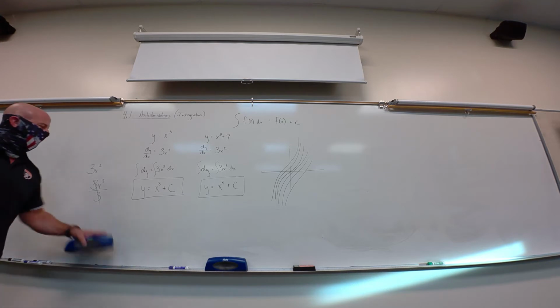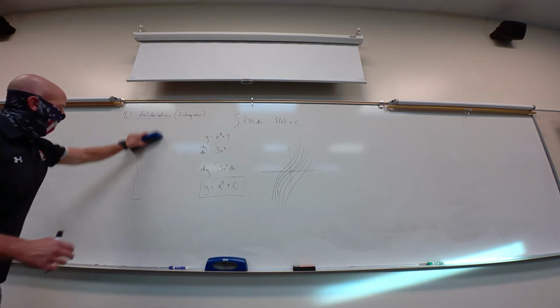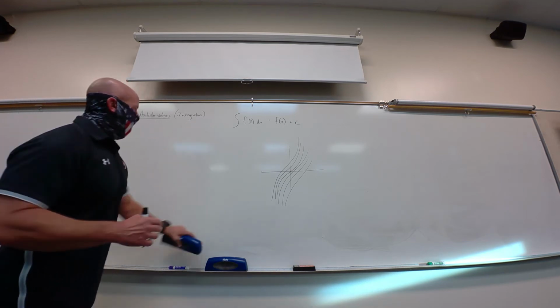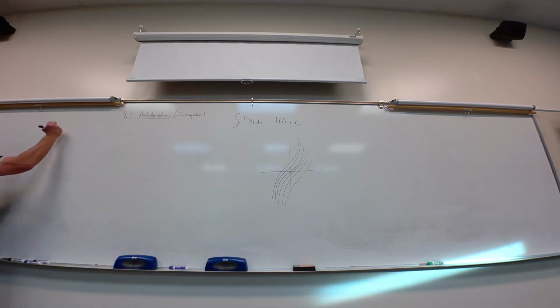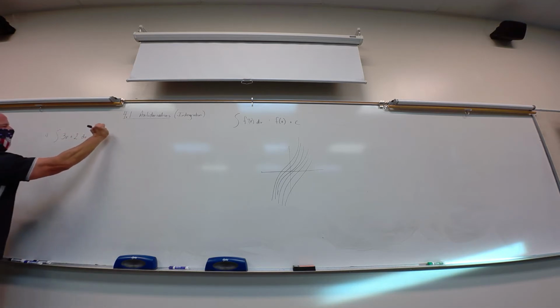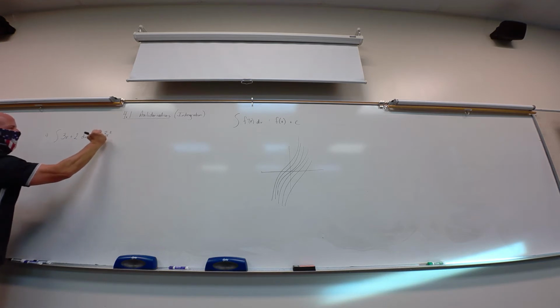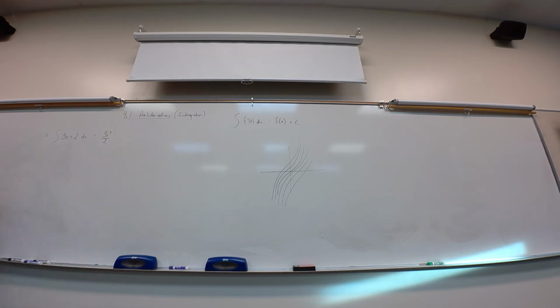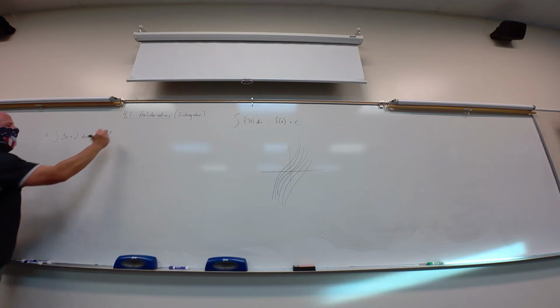Okay, so now let's work with some of these rules. If I wanted the integral of 3x plus 2 dx. So I've got two terms here. That's okay. We just do the first one, finish that one, go to the next one. So this power is 1. So if I go up 1 power, it would be x squared divided by my new power 2, plus 2.